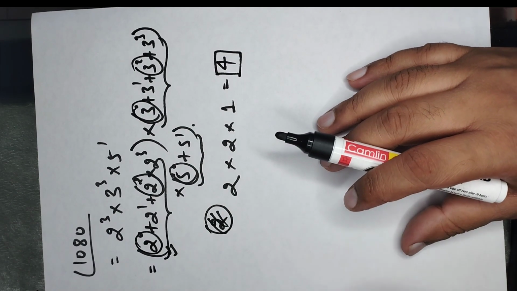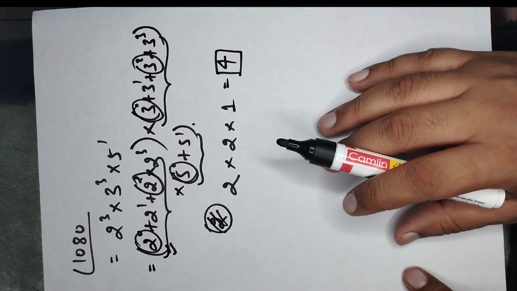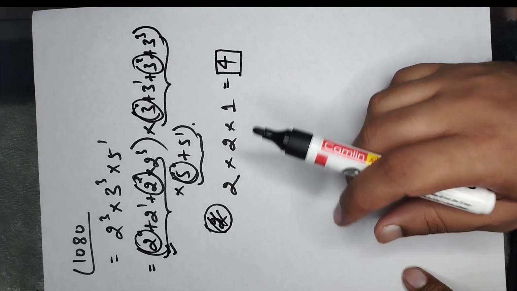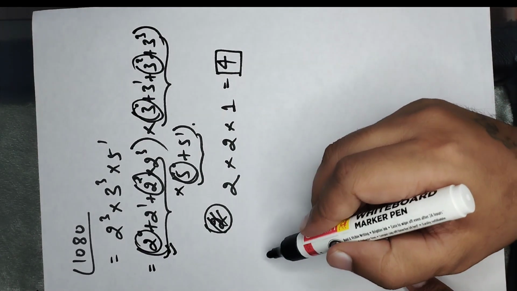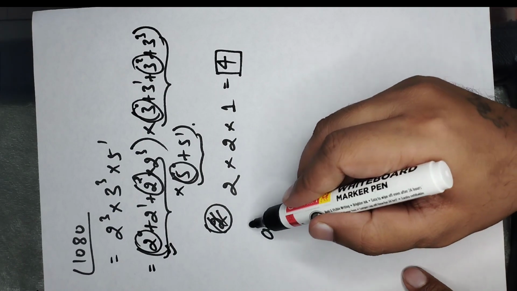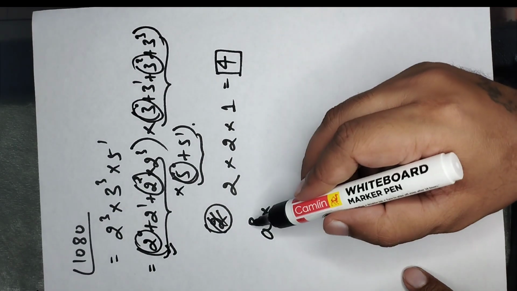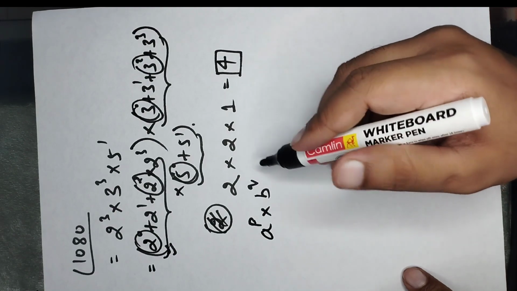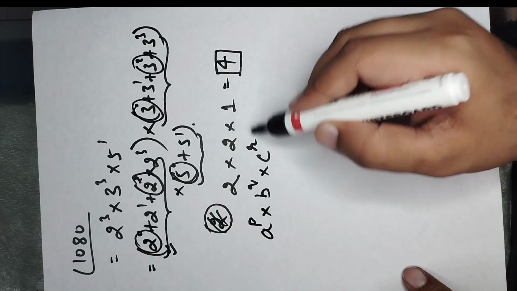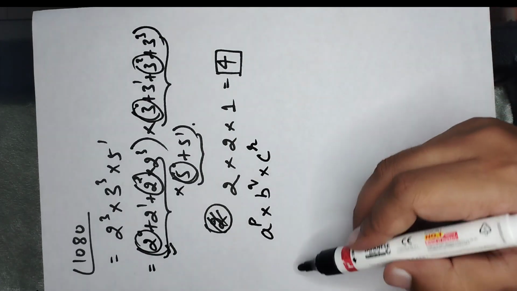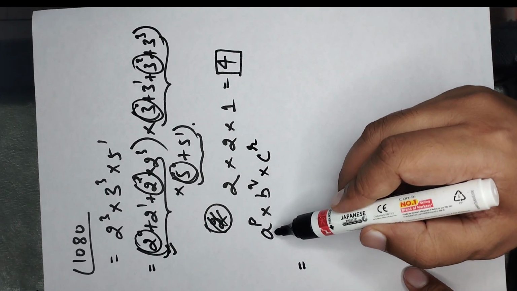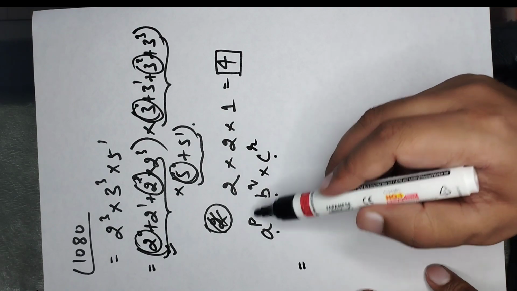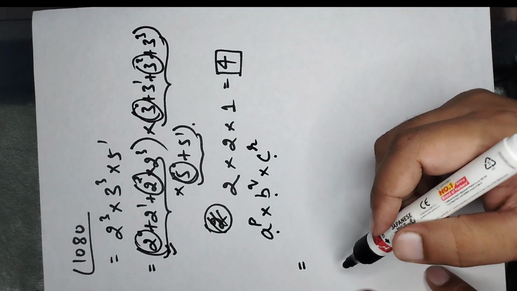Now what is the easier way to solve these kind of questions, or how we can easily solve these questions? The easier way to solve these questions is, whenever we get any such kind of factors, what we have to do, as we know that all these A, B and C are primes here, and P, Q and R are their respective powers.